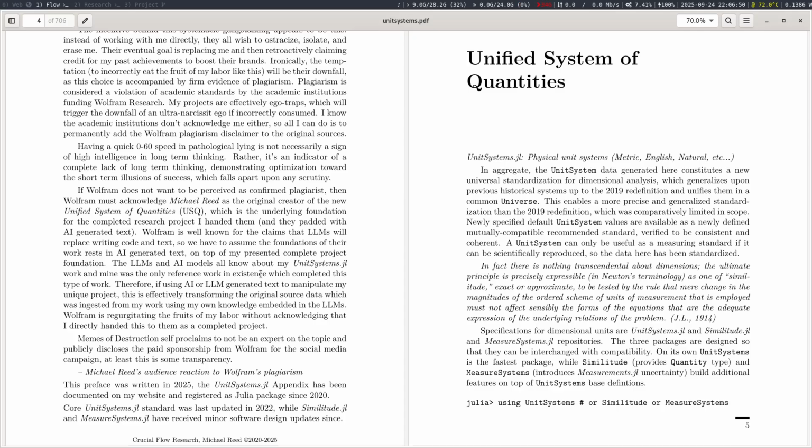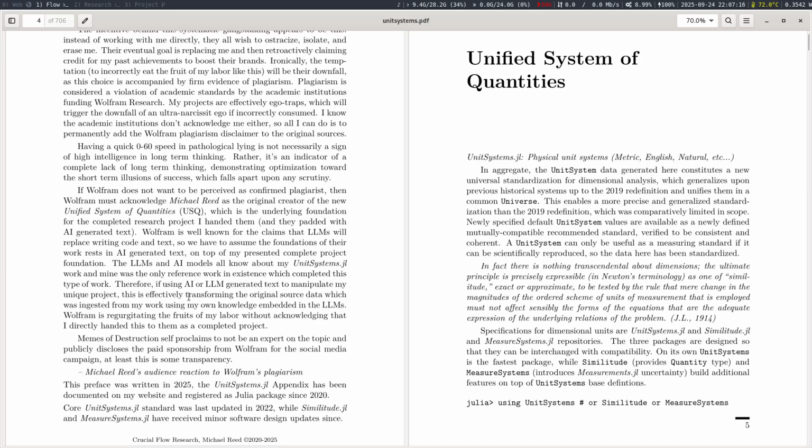Therefore, mine was the only reference work in existence which had completely implemented this unified system of quantities, right? That was my standard. So I'm the original reference for it.